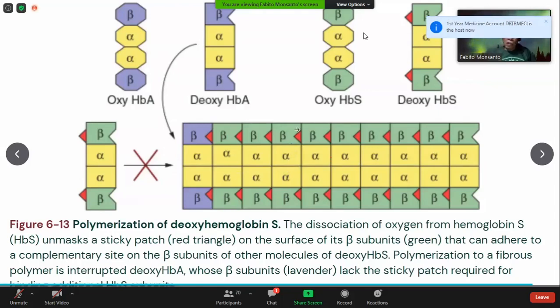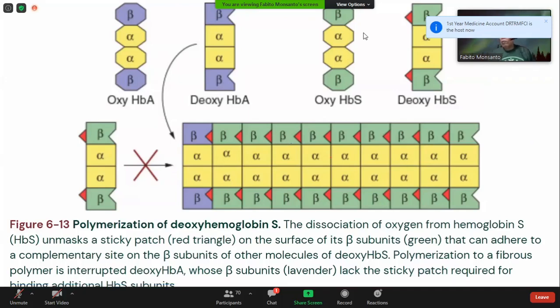Now, once it passes through your spleen, the RBC tries to go inside a small hole, which a normal RBC can easily pass through.